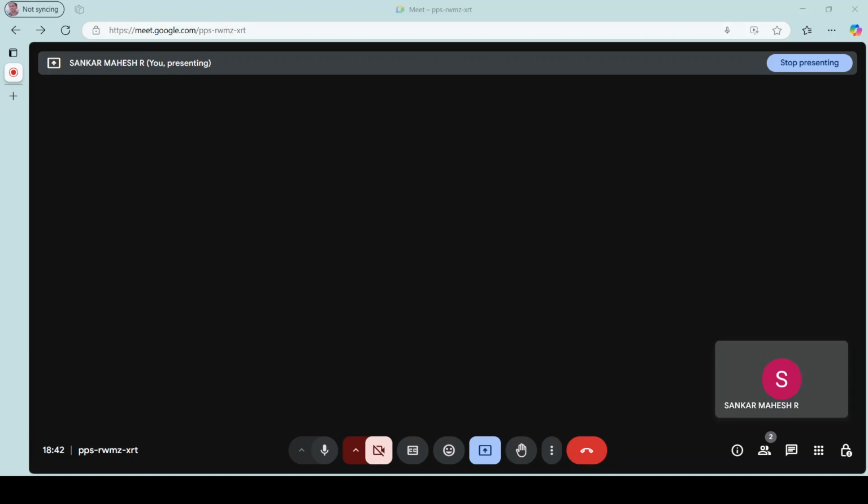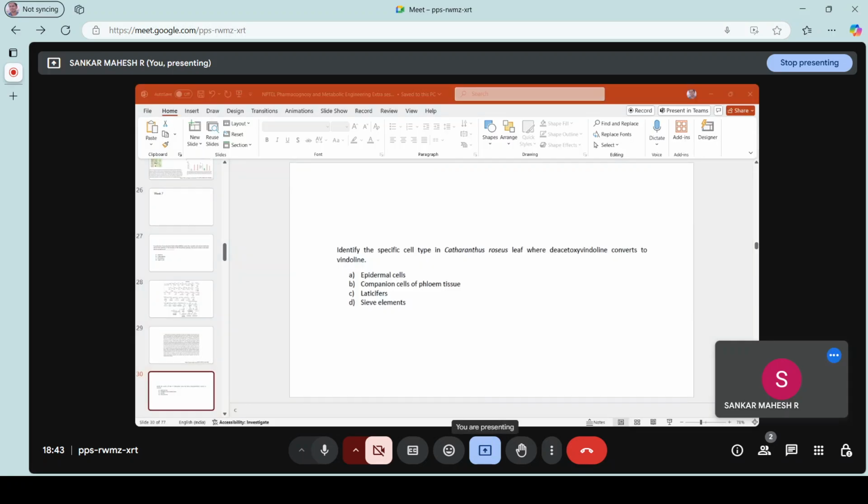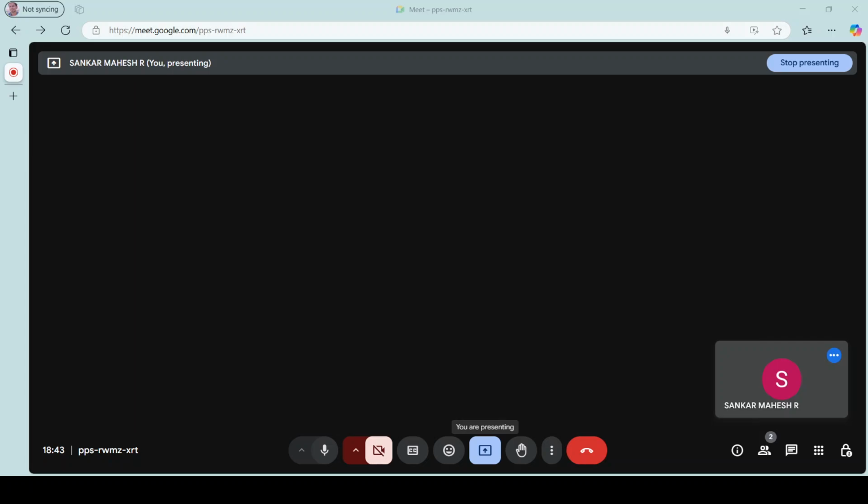Next question is, identify the specific cell type in Catharanthus roseus leaf where deacetoxyvindoline converts to vindoline. You can take a couple of minutes to think about this question.